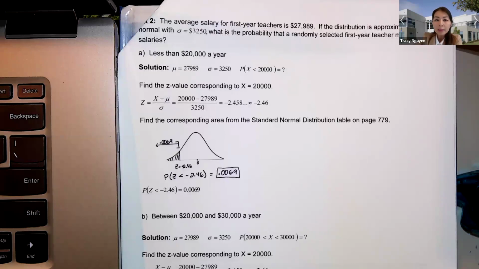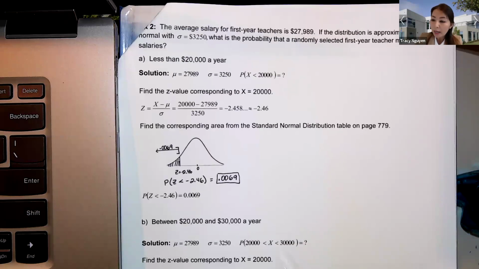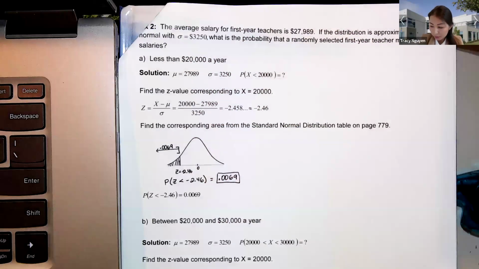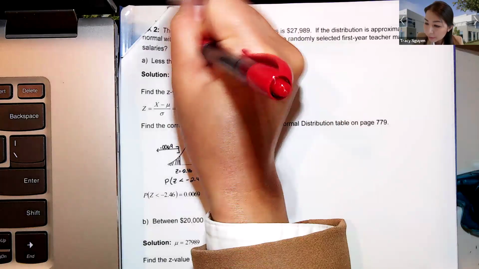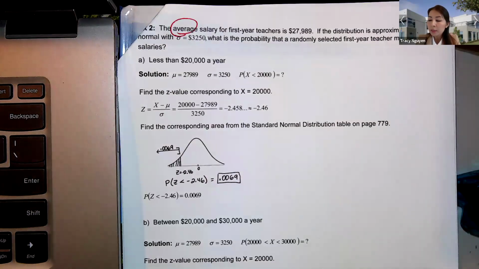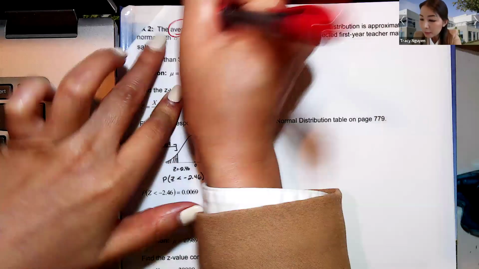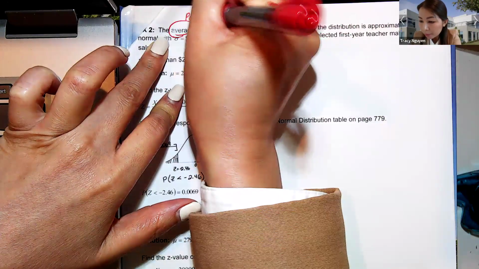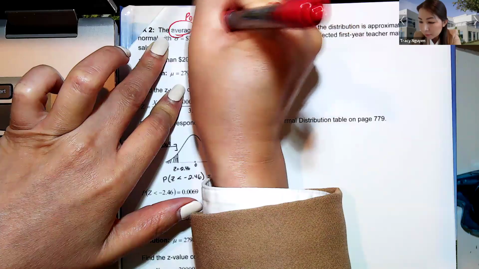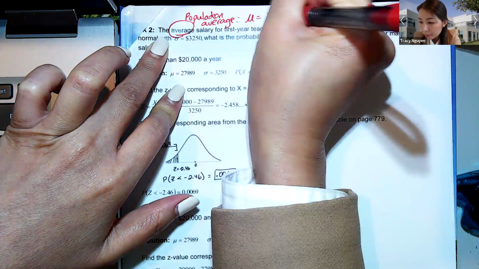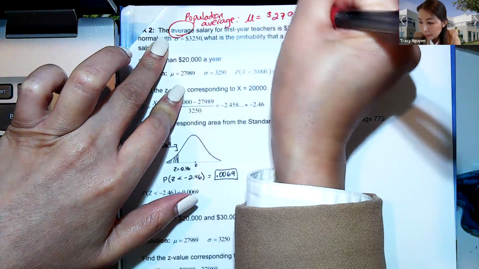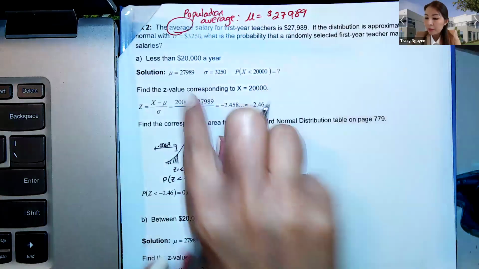So from the first sentence, we see the keyword average. The average salary for a first-year teacher is $27,989. This tells us we have the population average, which is mu. So mu equals 27,989. All right.